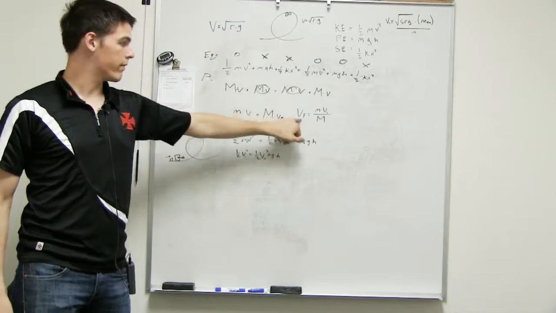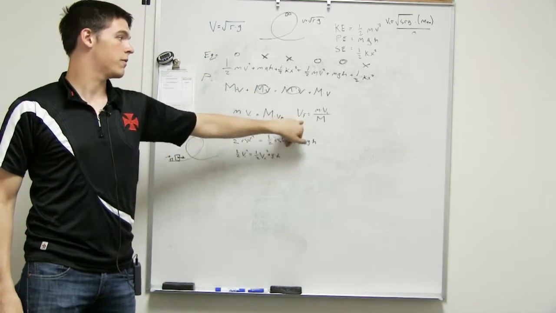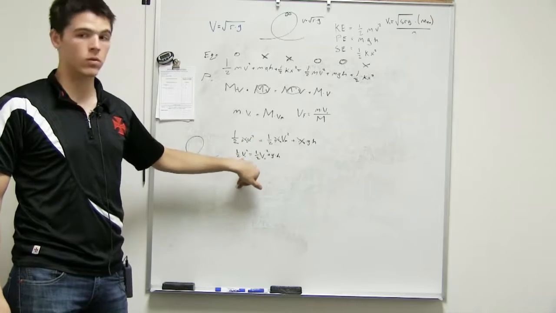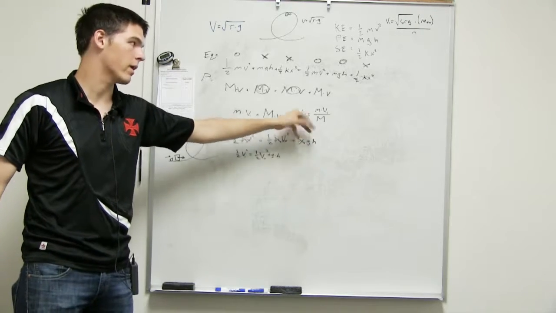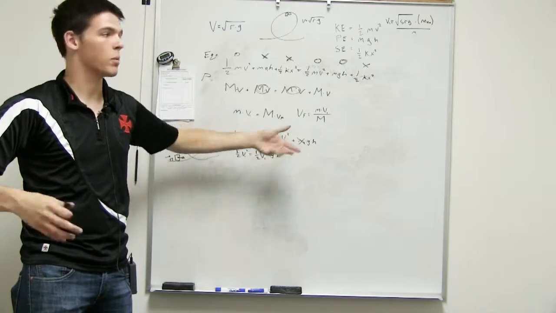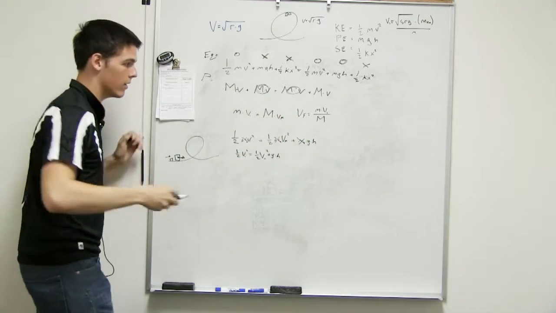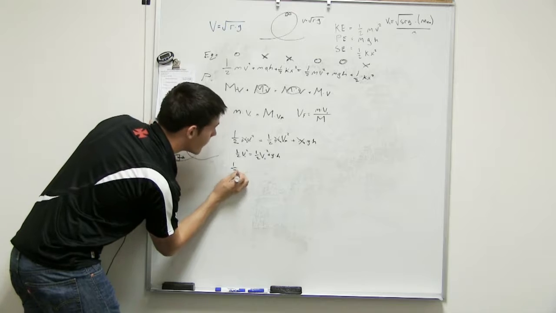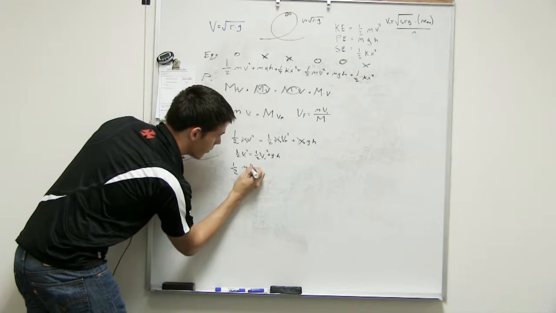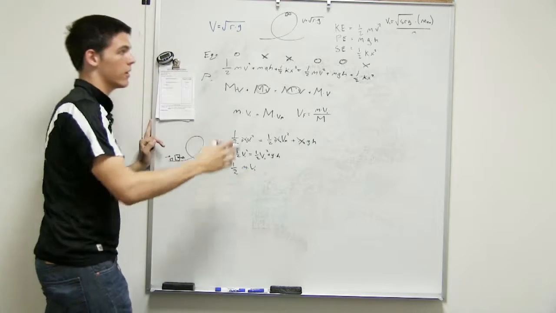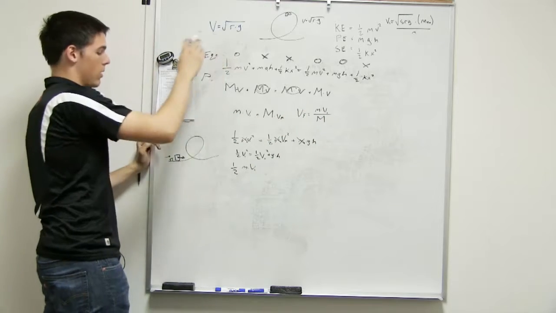This is just solving for your v final, which becomes our v initial in this one, because we reset the clock, everything goes back to initial when we move these equations forward. So this becomes our v initial, so you have 1/2 little m times your initial velocity, which is going to be the initial velocity of this block right here.